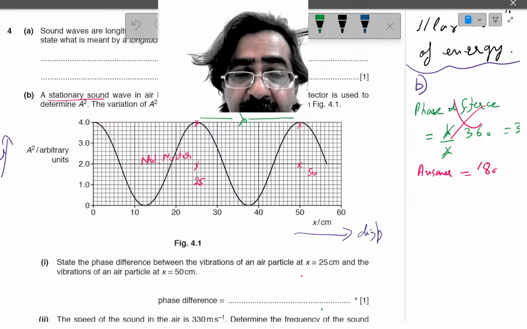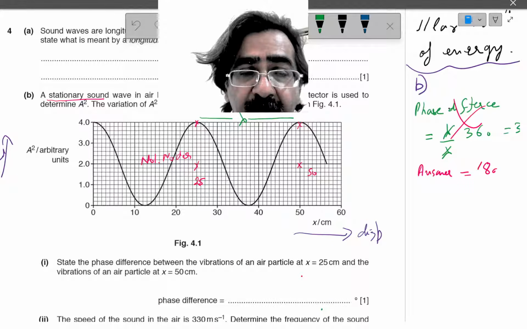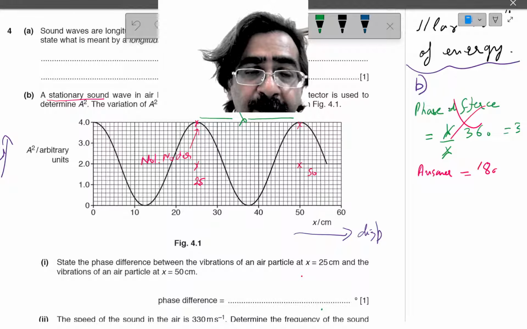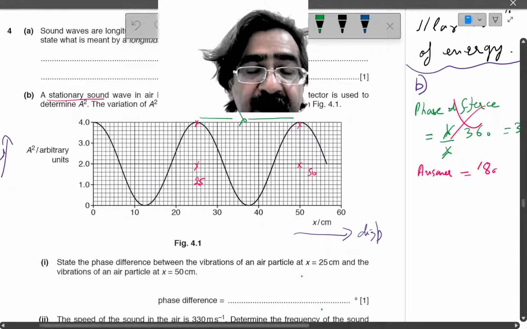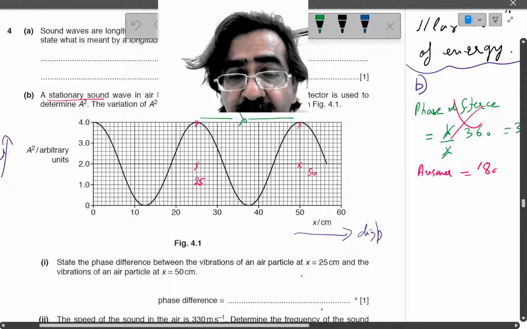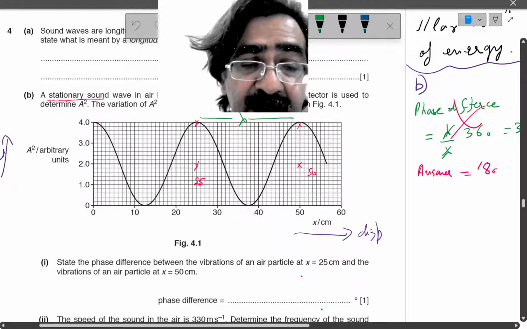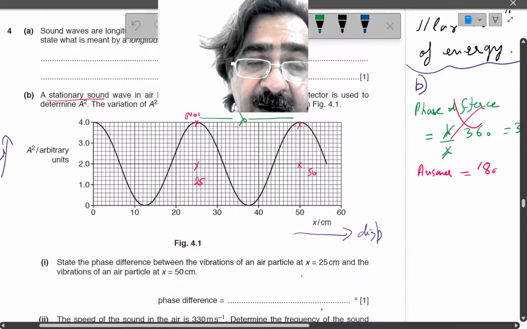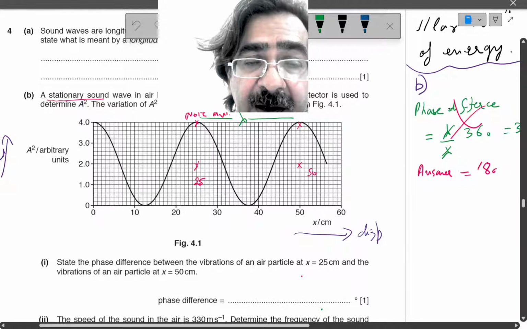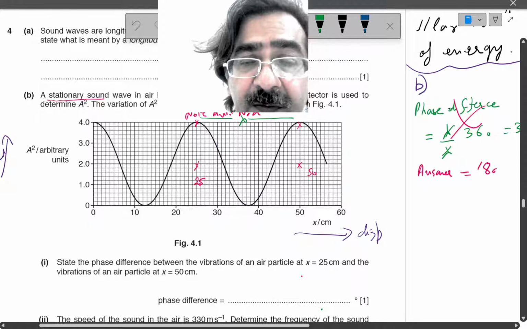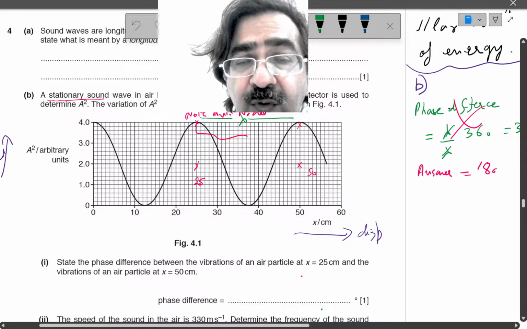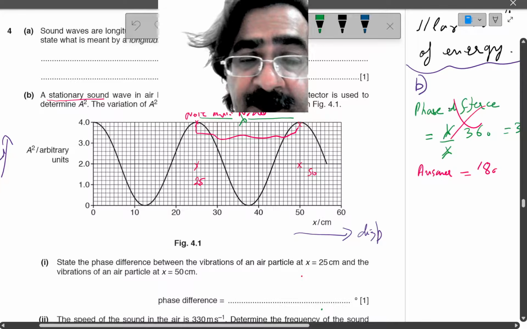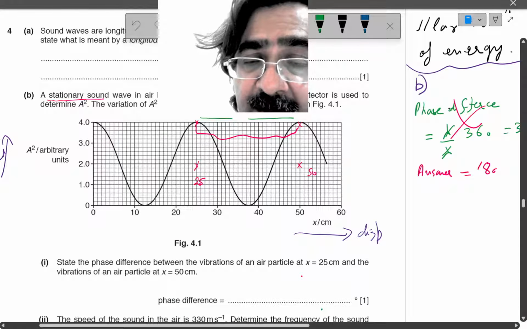These points are not nodes and not antinodes. We must be careful about that.